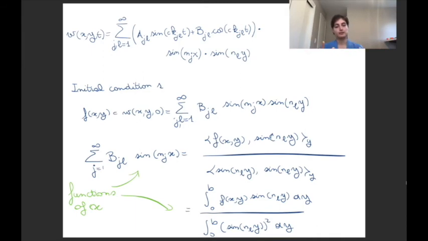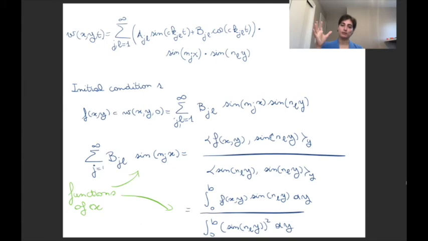We can think of this as the fact that we have a function. I want to think of it as if we were considering x a constant. So we're varying y, and we have f that depends on y, and sine that depends on y. And the coefficient in front of the sine that depends on y is an infinite sum over j from 1 to infinity of something that depends on x.